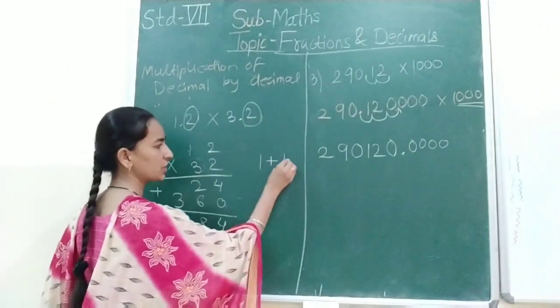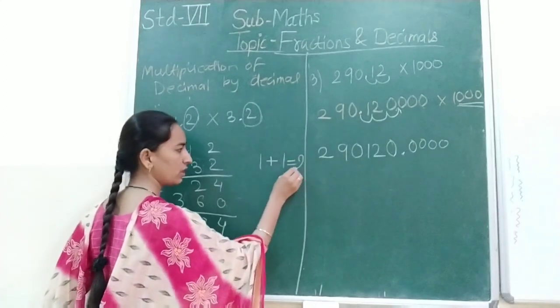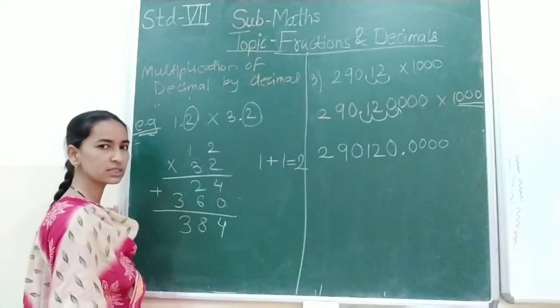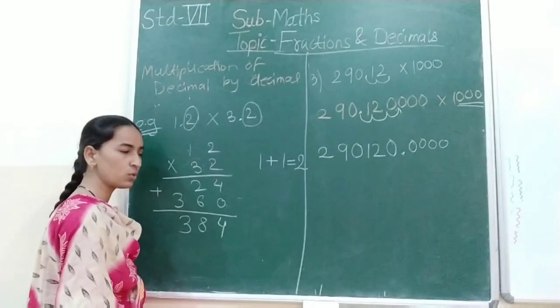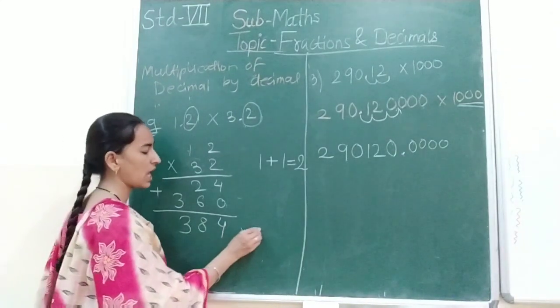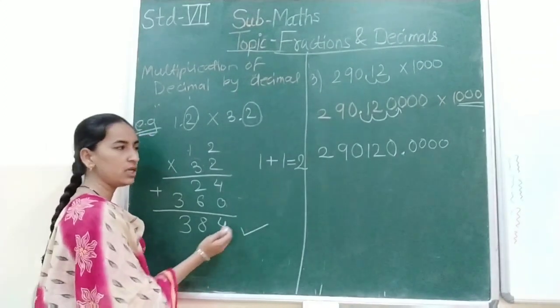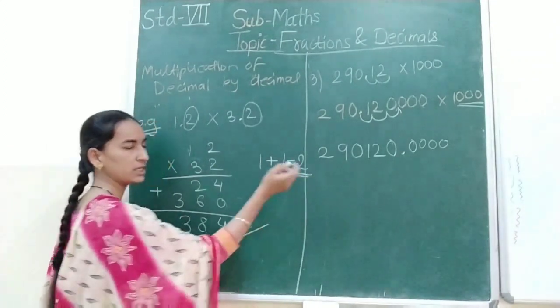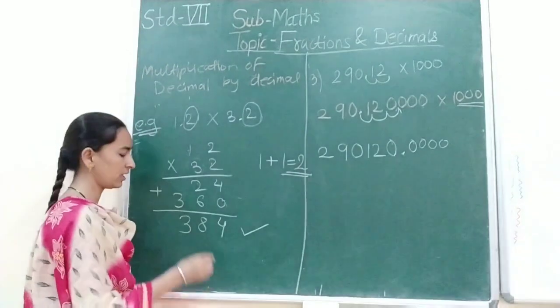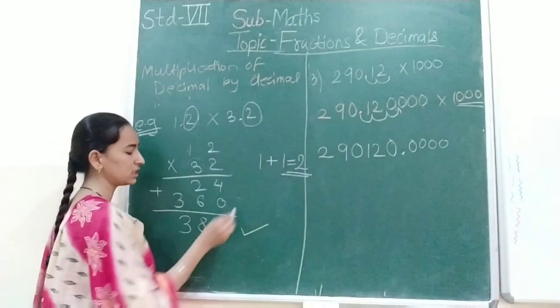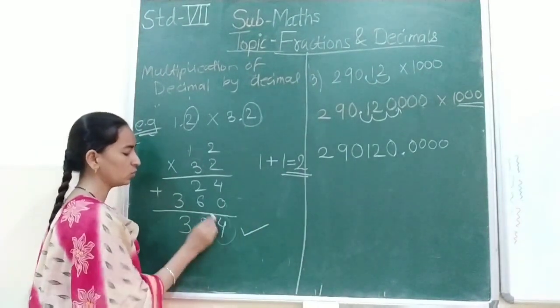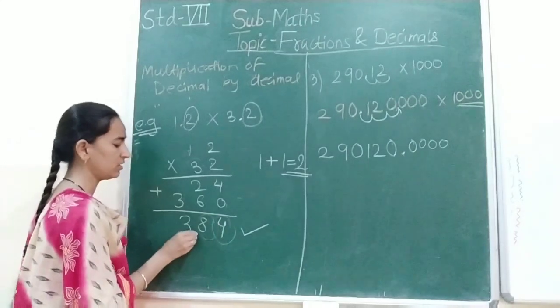Take the addition of that. Total will be 2. Yes. Now in our answer, from the right side, leave that many digits and then give the point. So how many digits? 1, 2. So point will be here.